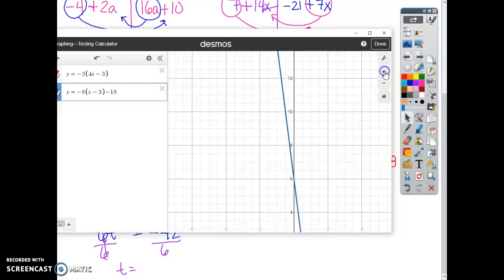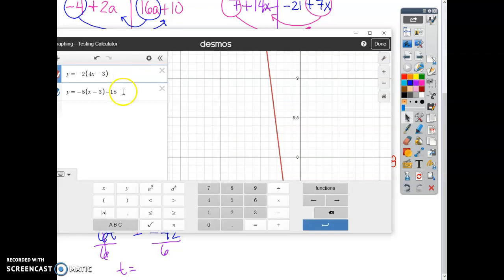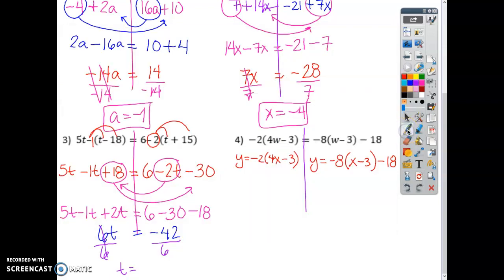Okay, if I zoom in, same thing. Red and blue are the same line. Okay? So how many solutions do they have? That's called, when you have the same line, it's called infinite solutions.